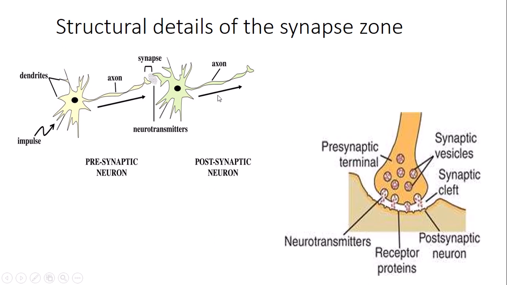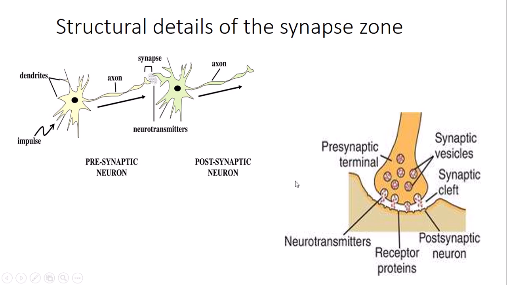If you look closely at the synapse zone, you can see that, again, this is the space in between called the synaptic cleft. These are the vesicles. These structures, the circular ones here, are called synaptic vesicles. You can see that they contain small dots. These are chemicals called neurotransmitters, or sometimes we call them neuromediators.